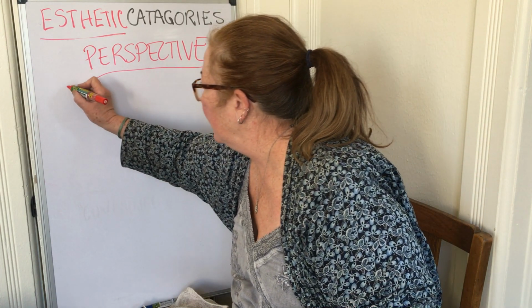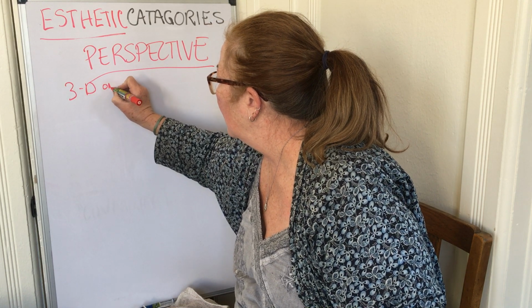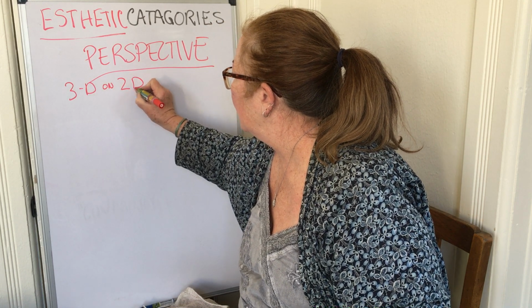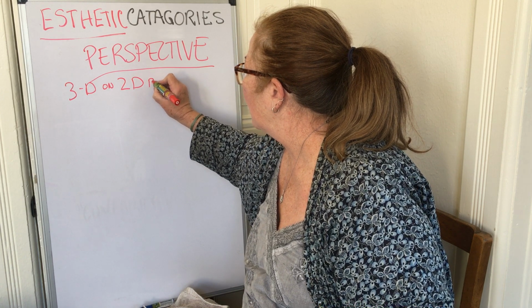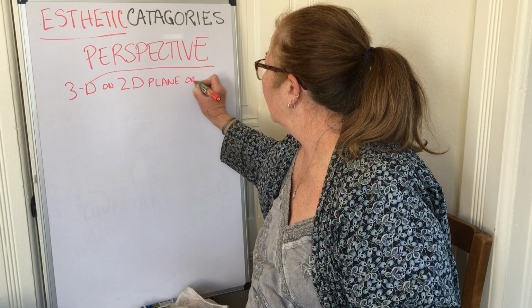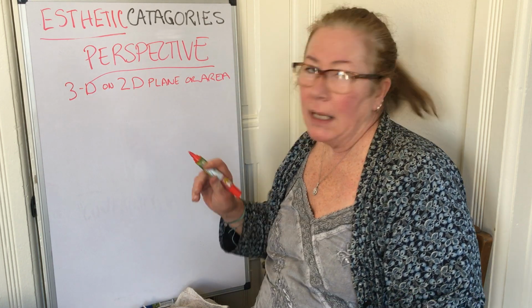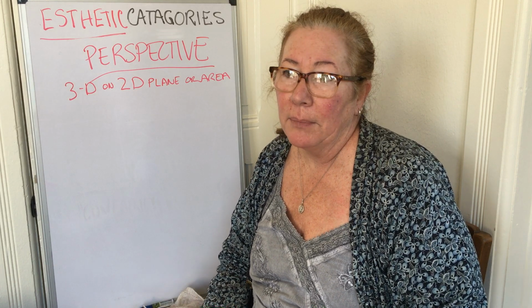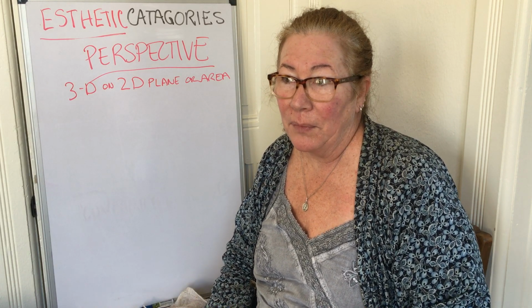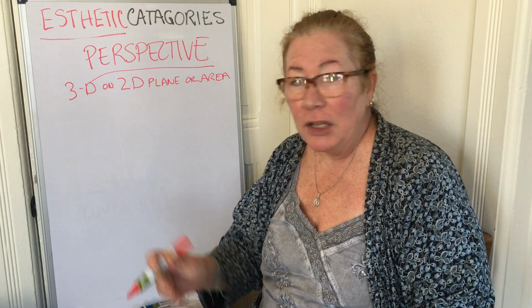So perspective: three dimensions on a two-dimensional plane or area. In the Italian Renaissance, they perfected 1-point perspective, and then we got into 2-point perspective, and so on. That's linear perspective.